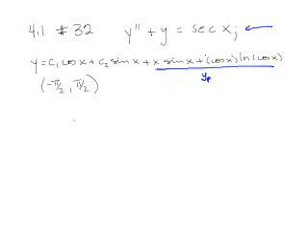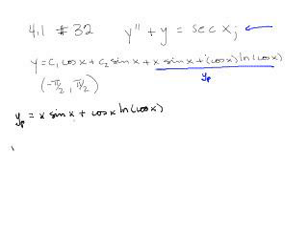So if yp is given by x sine x plus cosine x times the ln of cosine x, then yp prime, I'll have to use the product rule for both terms.